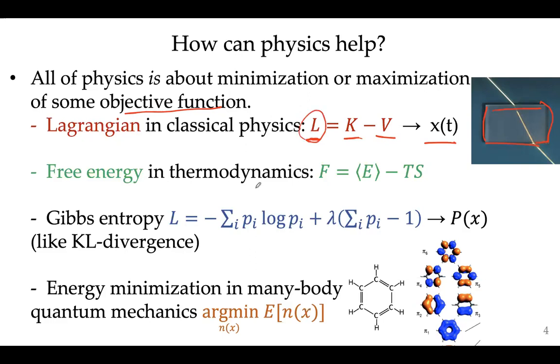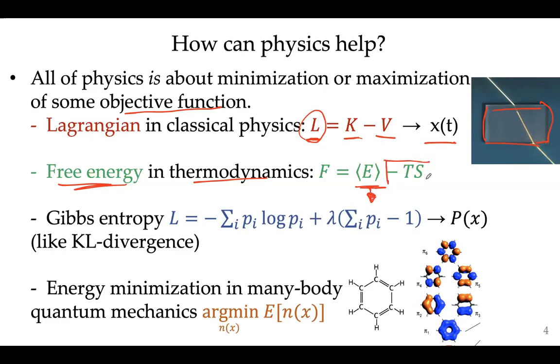So what do we minimize in thermodynamics? Well, it is the free energy. In thermodynamics, when the free energy is at a minimum, the system is in thermal equilibrium. You can think of a gas in a room. There's going to be some energy term, and basically you try to minimize the energy.